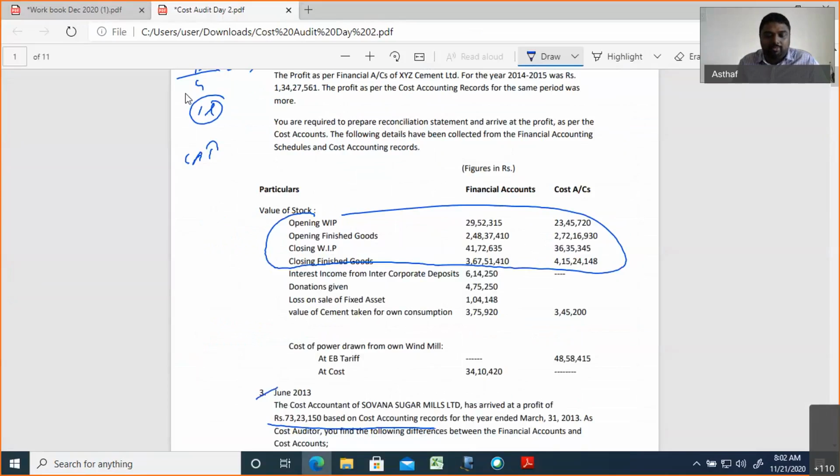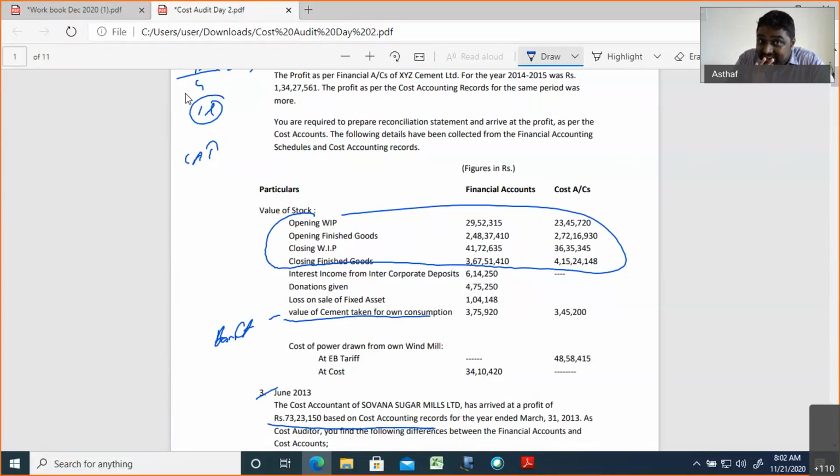Value of cement taken for own consumption is very important. A lot of students will have confusion on this point. Value means benefit, or you can just understand it as income.